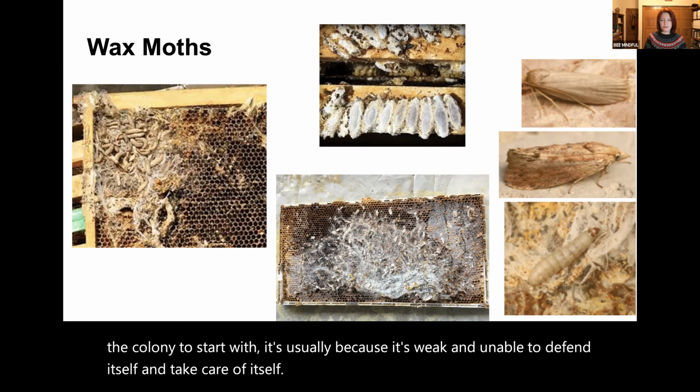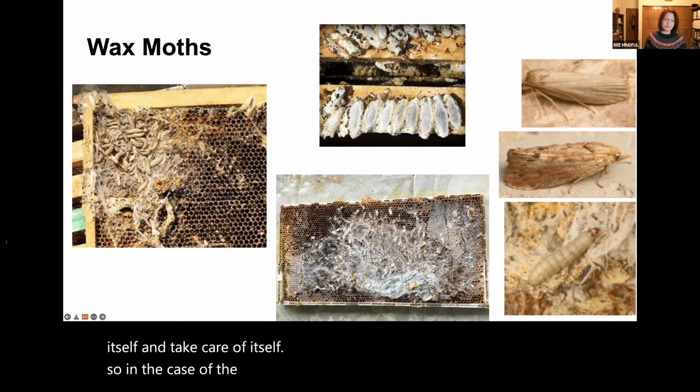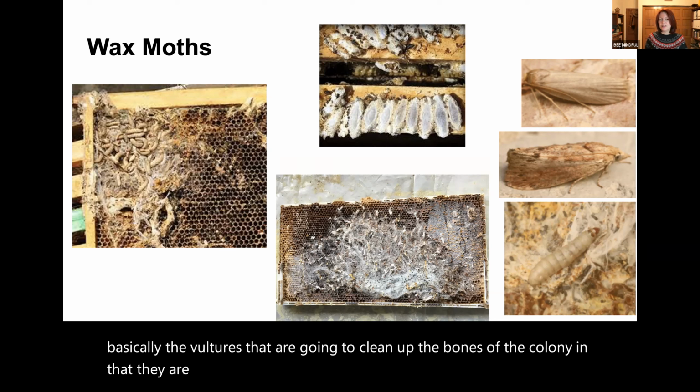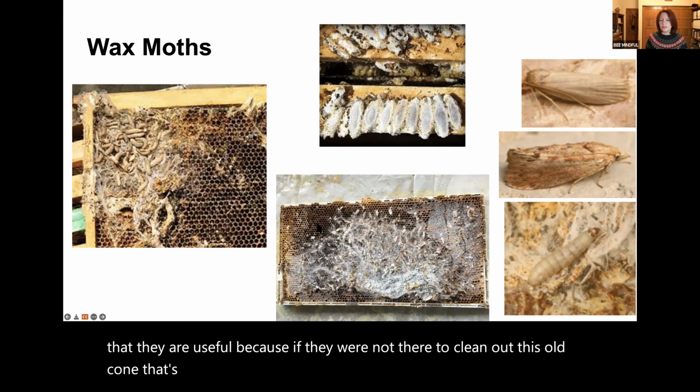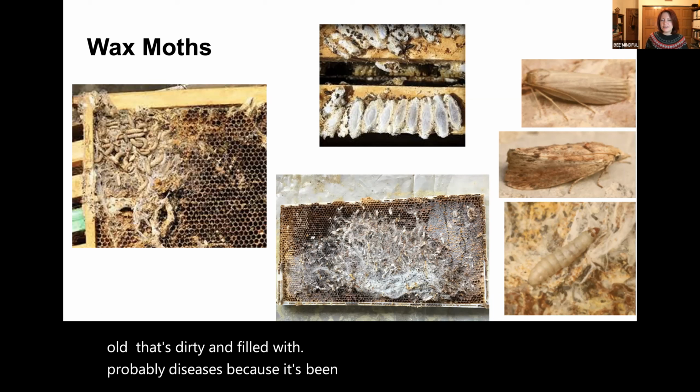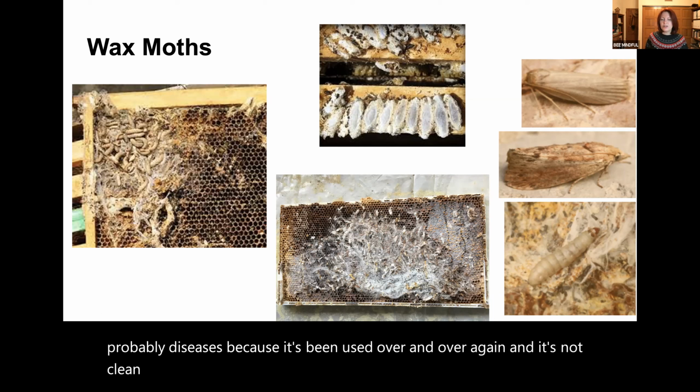So in the case of the wax moth, they are basically the vultures that are going to clean out the bones of the colony, and they are useful because if they were not there to clean out this old comb that's dirty and filled with probably diseases because it's been used over and over again and it's not clean anymore, then the bees couldn't rear their babies into clean comb.